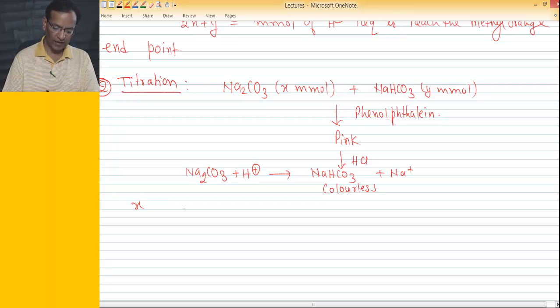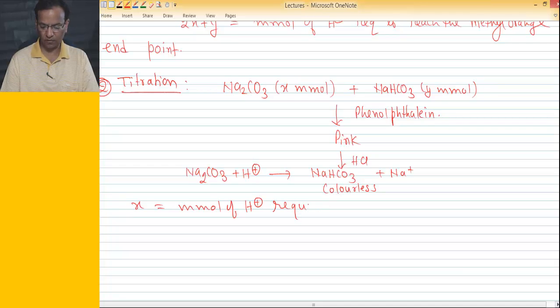So x is equal to millimole of H plus required to reach the phenolphthalein endpoint.